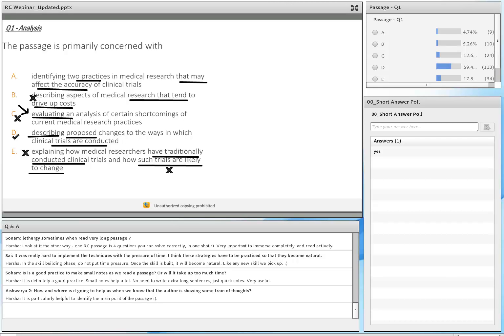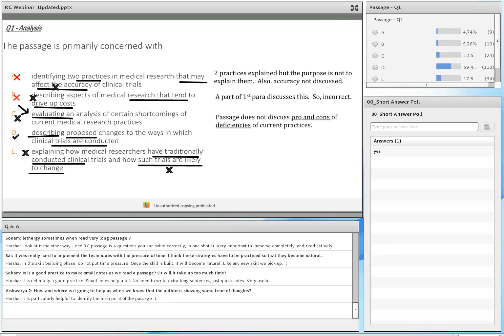I mean, we're not talking about how these practices affect the accuracy of trials. We are trying to make trials more efficient with what the proposed changes are. Okay, and you have these things over here in all of this. So when you get the PDF, you're going to be able to read this as well. For those of you who said choice A, and very few of you chose choice A, I'm really glad about that. You can really see why choice A is incorrect.